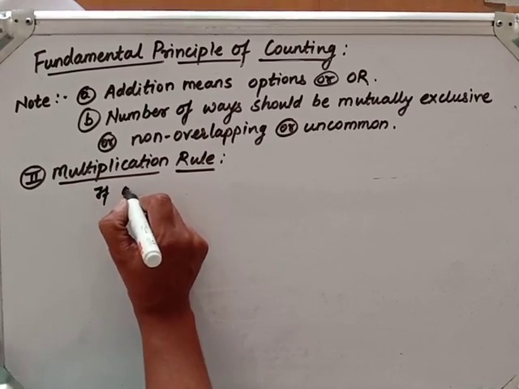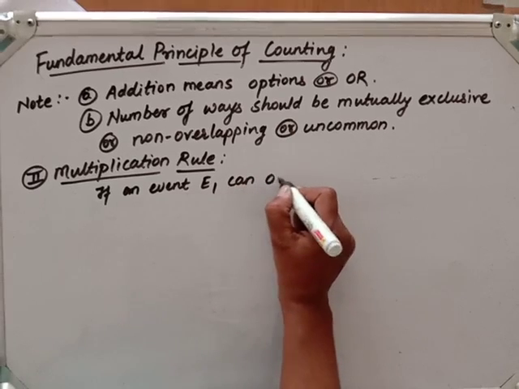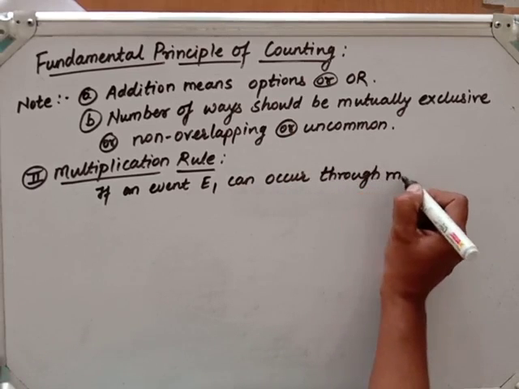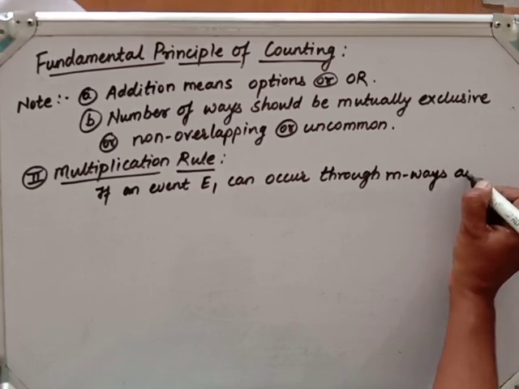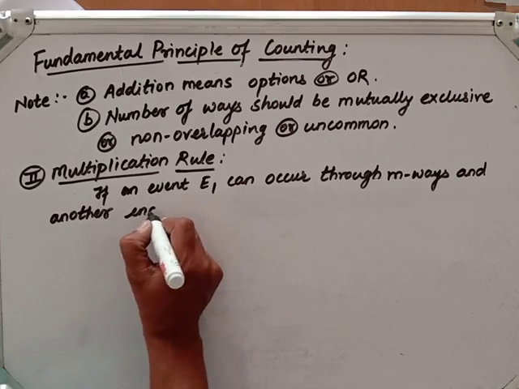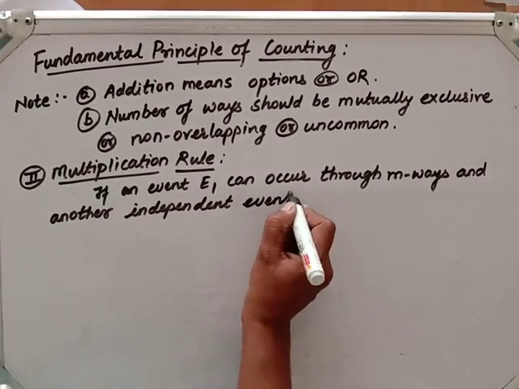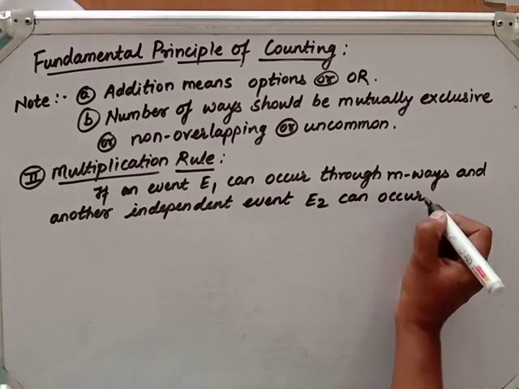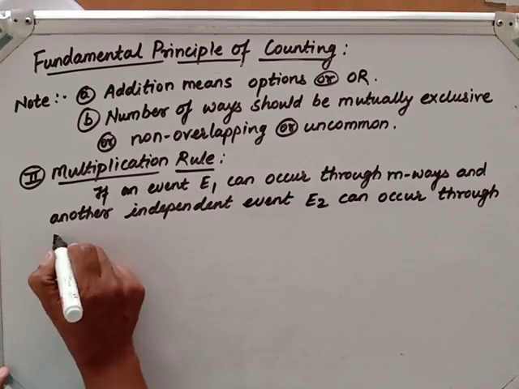If an event E1 can occur through m ways, and another independent event E2 can occur through n ways.